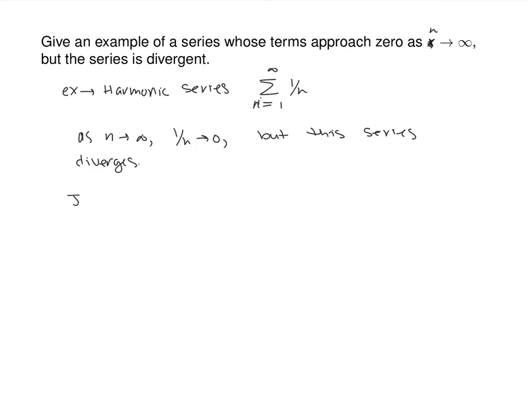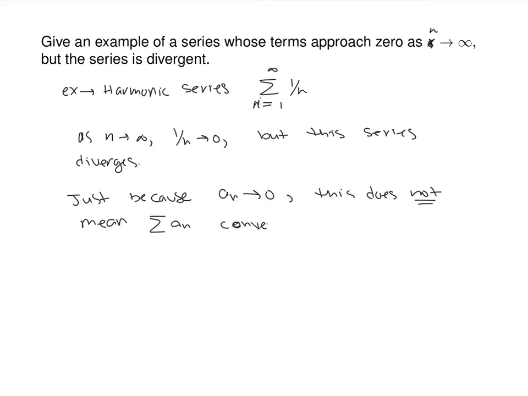A thing to note: just because the terms a_n go to 0, this does not mean the sum of a_n converges. It leads you to believe that might happen, but it does not necessarily mean that it happens.